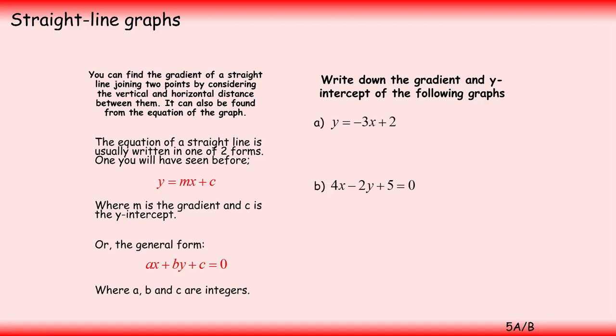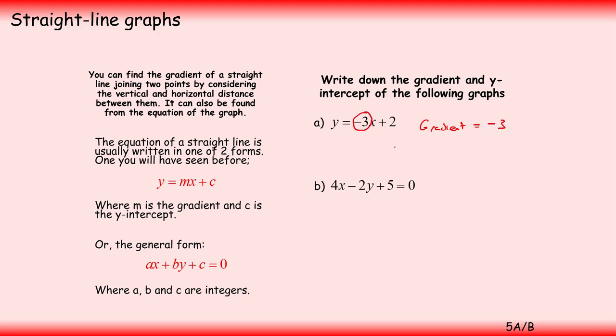In the first one, y equals minus 3x plus 2, and they want us to write down the gradient and the y-intercept. So looking at the first one, straight away, we can write down that the gradient is equal to minus 3.